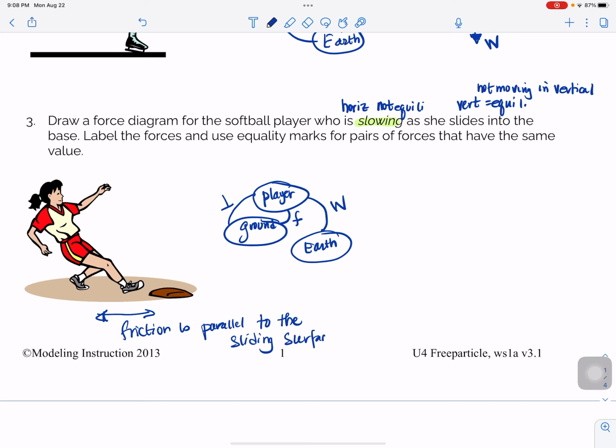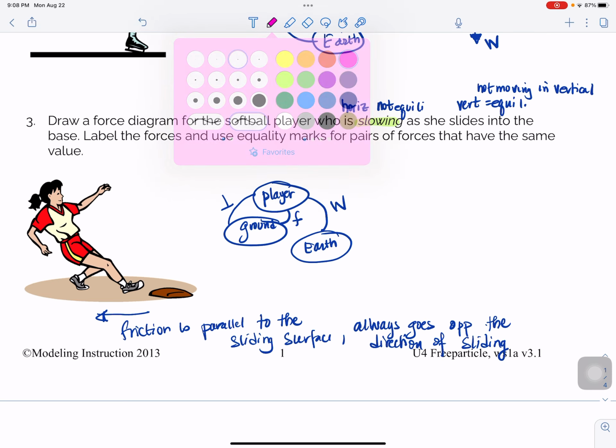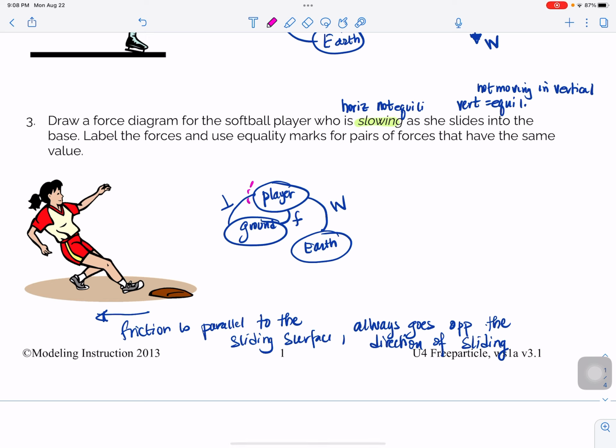And I'm going to erase the one arrowhead because it always goes opposite the direction of sliding. So if she's sliding forward towards the base, or to the right to the base, friction is acting to the left. All right, and we're doing a force diagram for the softball player.